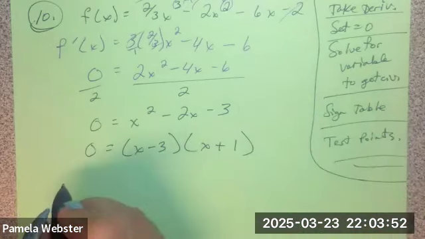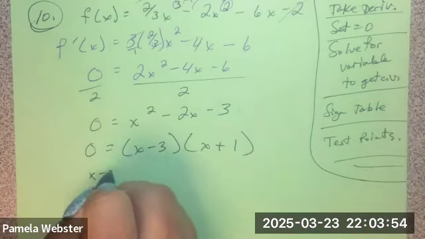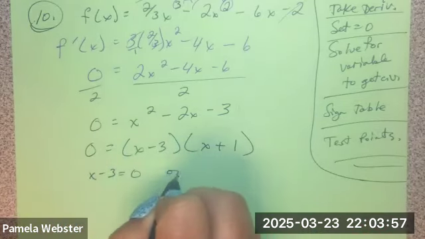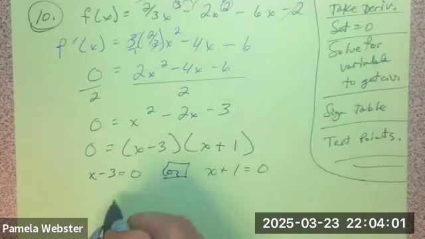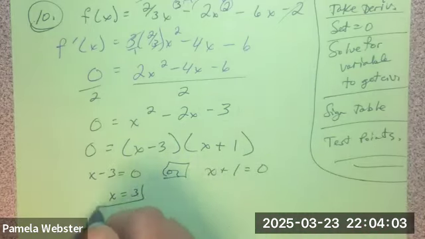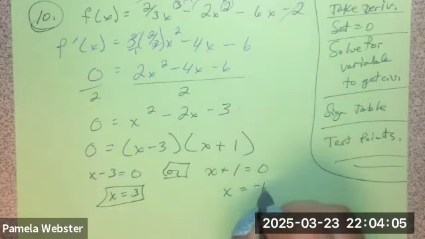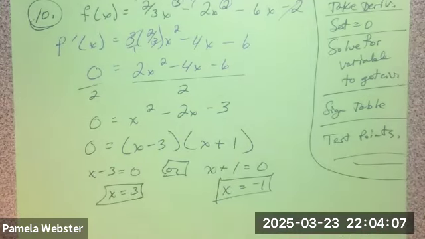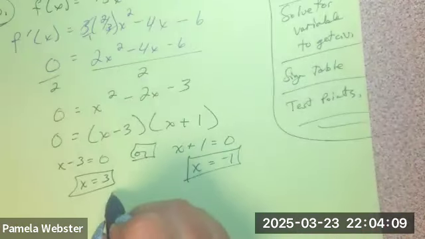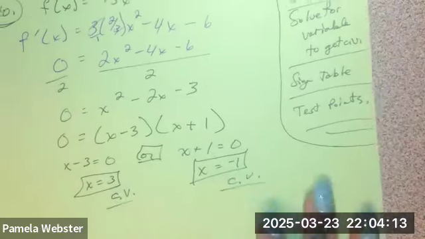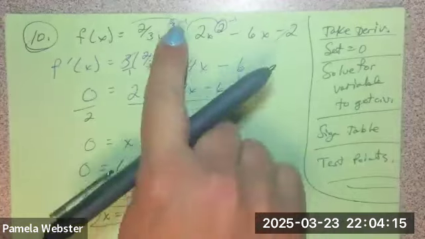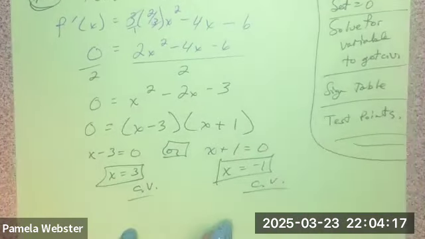Solve for the variable to get your critical values. x minus 3 equals 0, or x plus 1 equals 0. This one says x equals 3, this one says x equals negative 1. I've got my two critical values. This was a cubic, so it makes sense I'll get two critical values.